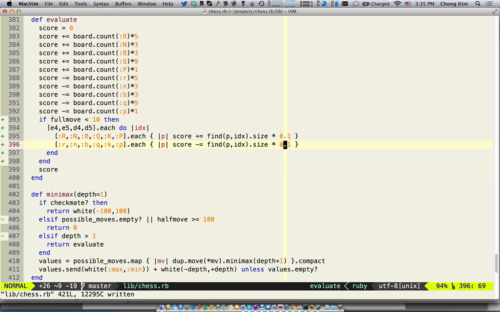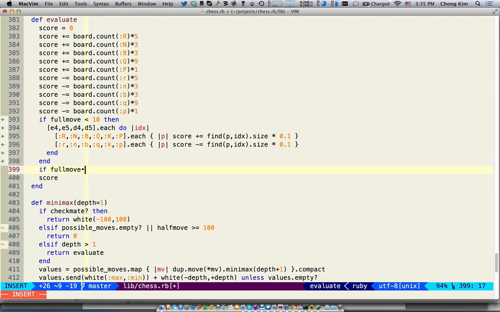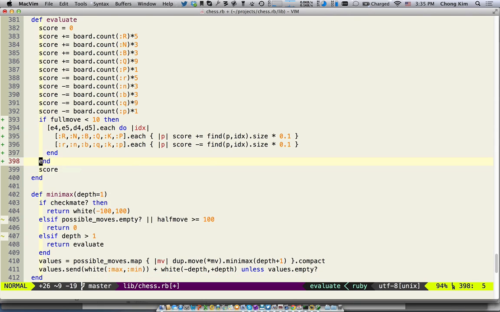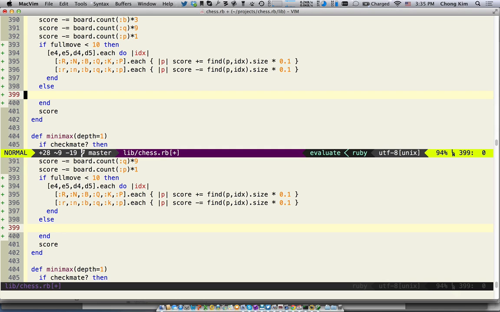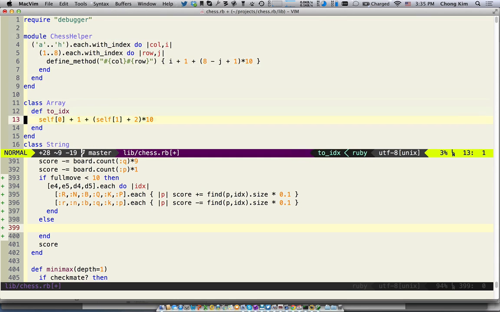Just as we have pieces that can attack the center squares, let's say that after the 10th move, if full move is greater than 10, actually we can just put an else here. So let's give it some bonus points if, first, we have to find out where the king is located. Let's see. I'm going to split this so I can take a look. Where is the king located?